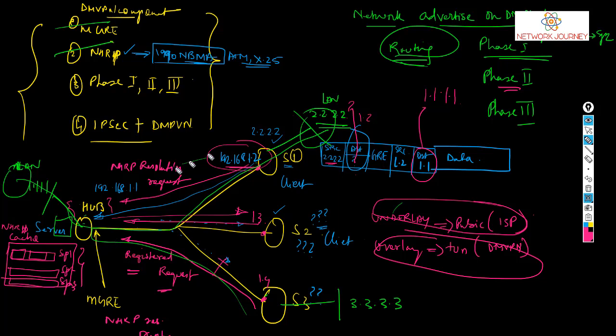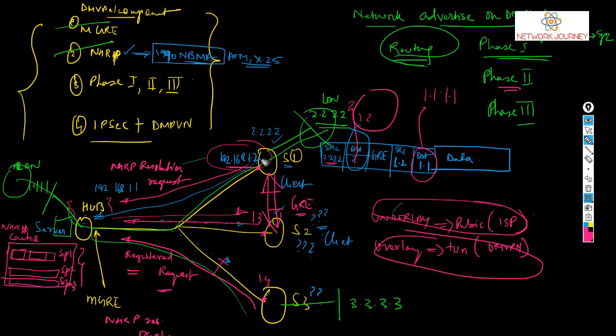So if spoke 1 sends traffic to spoke 2, spoke 2 says this is its public IP. Now they form a GRE tunnel between them.